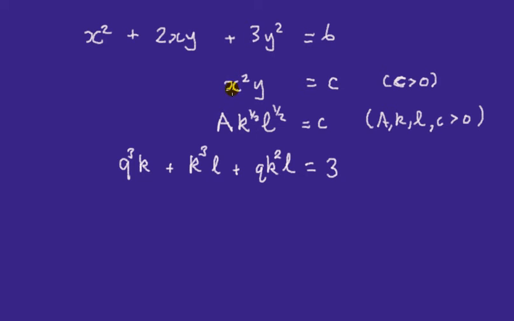Now this one can be taken as an example of a utility function in economics where x and y represent goods. In this third example, a is a constant, k and l are variables, and this is an example of a production function from economics. These three examples are implicit functions of two variables.